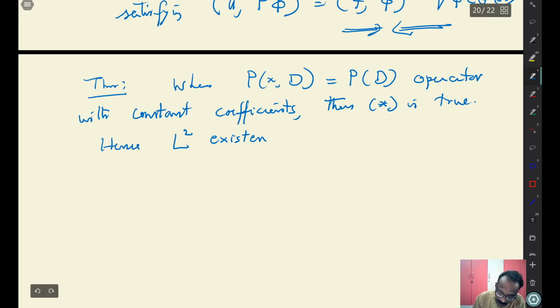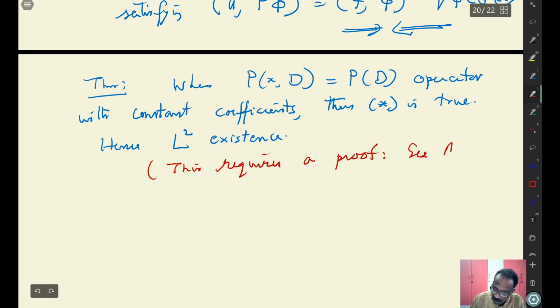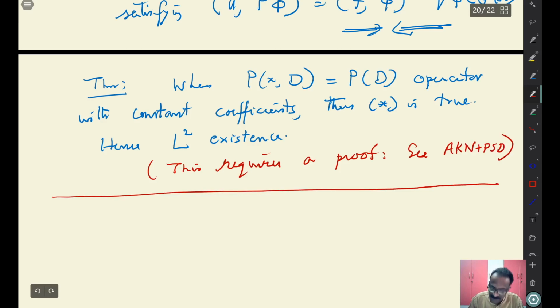This requires a proof. Refer to our book, see the reference. We will not do that one, and we will stop here on this.